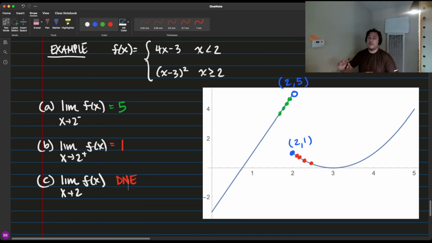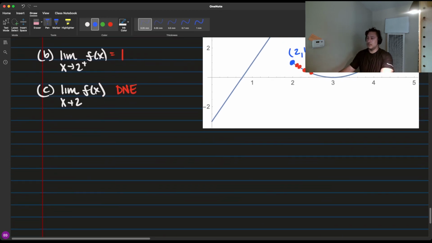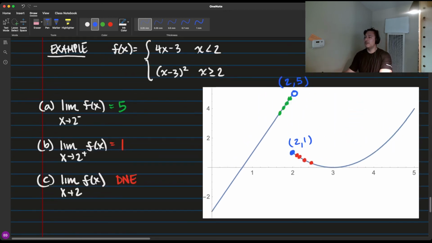So that's how you would do it graphically, but I want to talk about how you would do this analytically with the limit laws. So I want to calculate the limit as x approaches 2 from the left of f of x. Well, we know that if you're approaching from the left, you need to evaluate the function 4x minus 3.